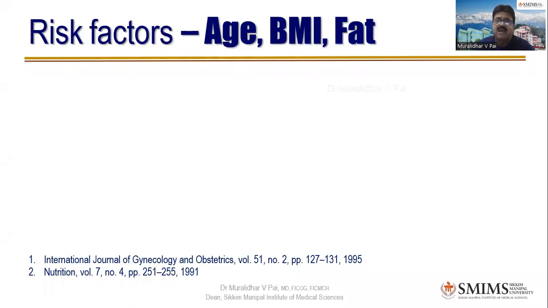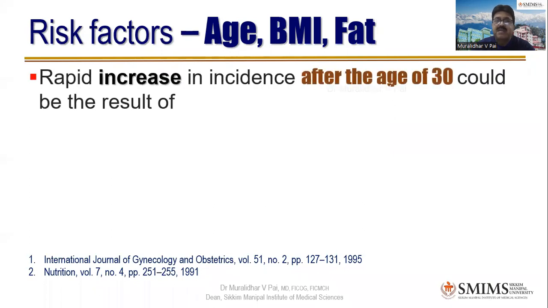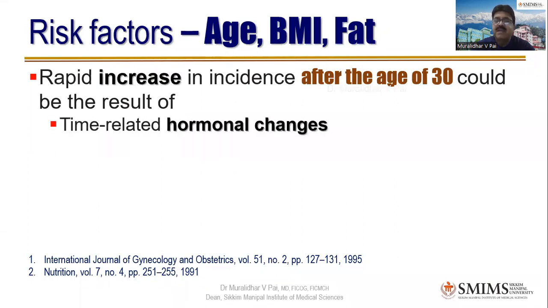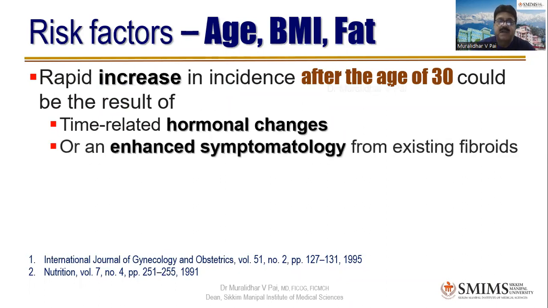That's why in very young girls fibroids are not that common, but in middle age, fibroids are common. Rapid increase in incidence after the age of 30 could be the result of time-related hormonal changes. As I just now told you, in younger girls, adolescents, the estrogen is not so much compared to middle age. Of course, later in life, after menopause, it comes down. That's why fibroids also shrink after that.